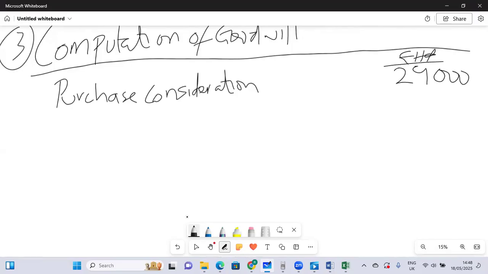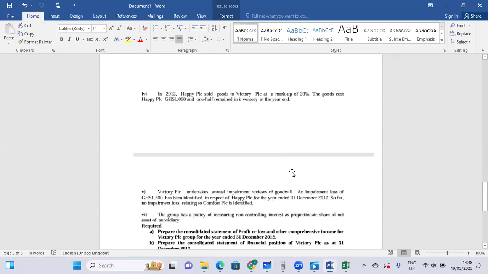And then now we add NCI. Now, the question told us that NCI is valued as the proportion of the net assets.